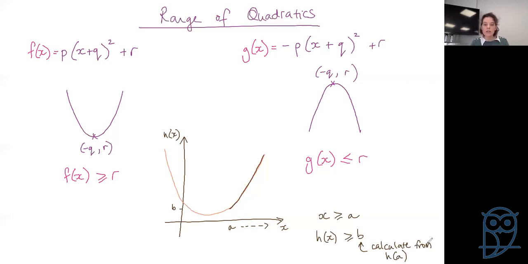So what you're going to do is you're going to take your function, the algebraic statement for your h(x), you're going to put in your value of A, and it's going to spit out that value at B. And then you know that you're always above B. So being able to sketch your quadratics, and being able to understand what's going on is really important. Let's just make the rest of this quadratic dotty for the moment, because we're not actually using the rest of it, we're just using that one piece.